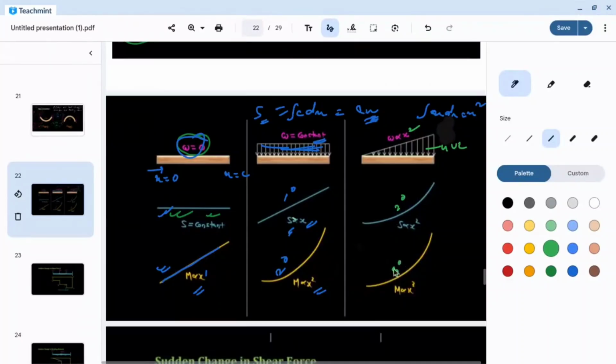So when the load is 0, shear force is constant, bending moment is 1 degree. When W is constant, shear force is 1 degree, bending moment is 2 degree. When it is UVL, varying with x, shear force is 2 degree and bending moment is 3 degree.